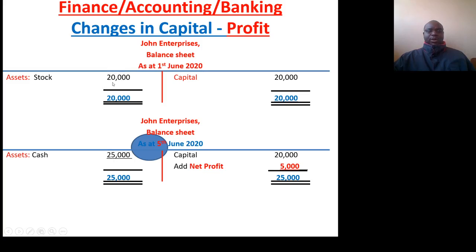The stock was worth 20,000. It has been sold at 25,000 cash. So the capital that we had will have increased by 5,000 due to additional money realized after selling the stock.